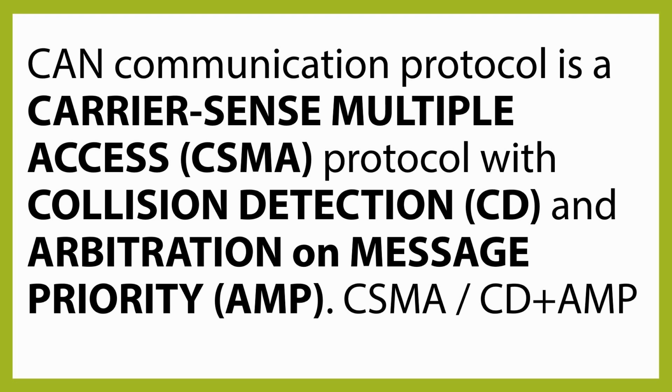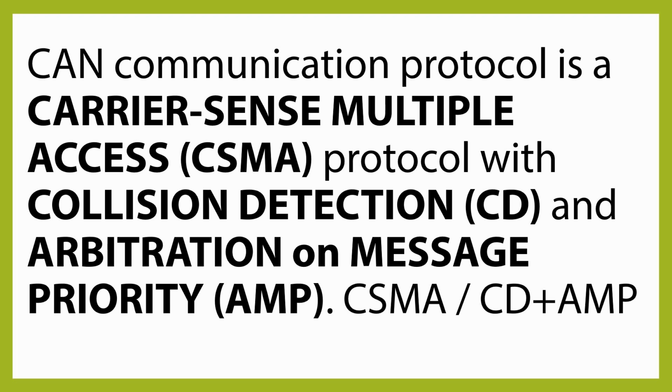This is how we should answer if we are asked in an interview what CAN is. Just simply say that it's CSMA/CD+AMP, and that means you know the definitions or theoretical words. CSMA is carrier sense multiple access, CD is collision detection, and AMP is arbitration on message priority.